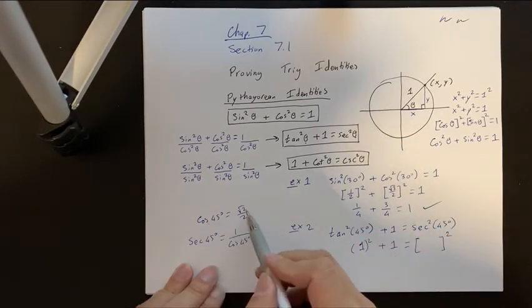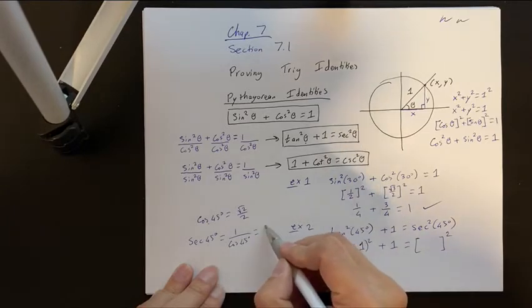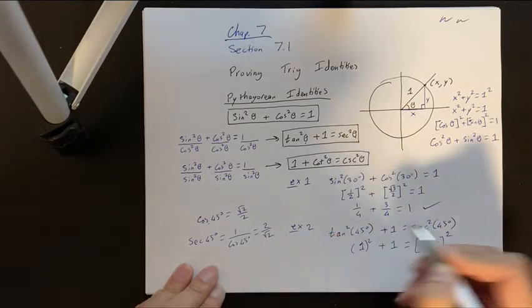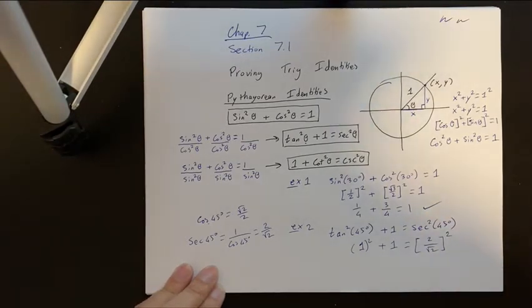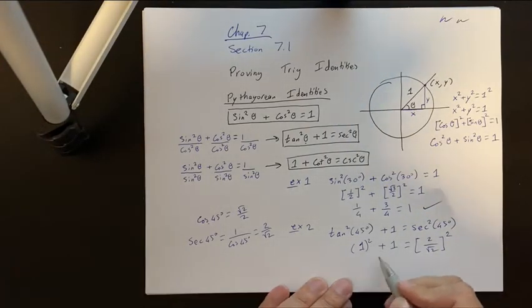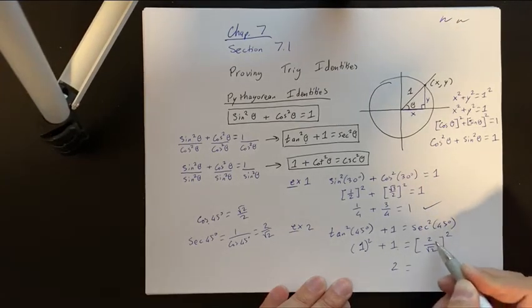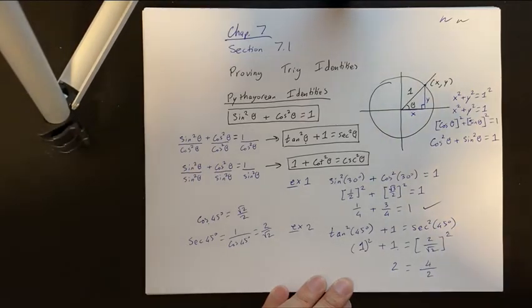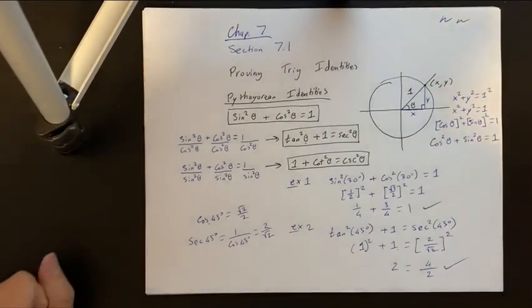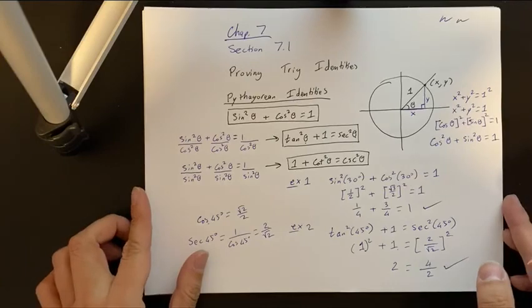So if cosine is root 2 over 2, secant of 45 is going to be 2 over root 2. So 1 squared is a 1. What is 1 plus 1? That's a 2. If I take 2 squared, that's a 4. If I take root 2 squared, that's a 2. And is 2 equal to 4 divided by 2? Yes.